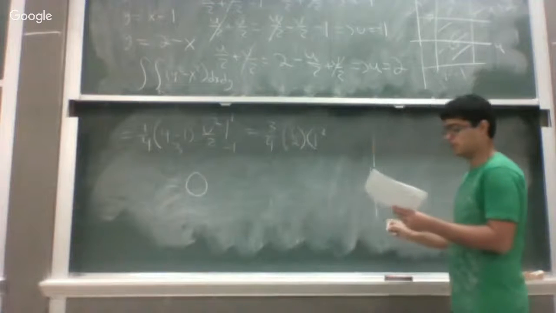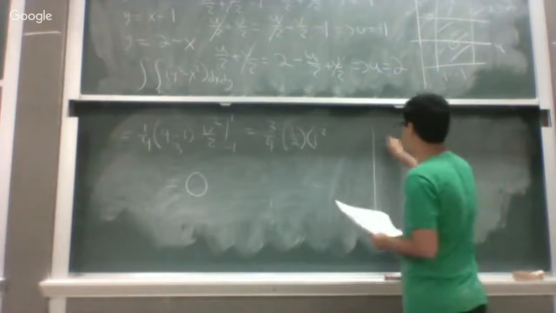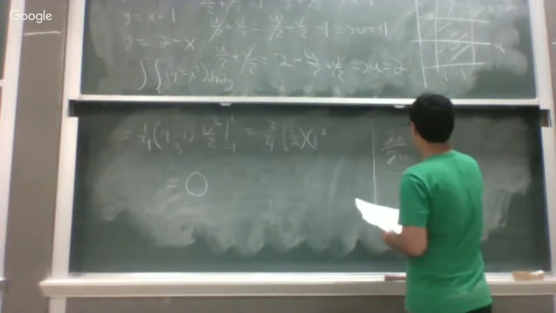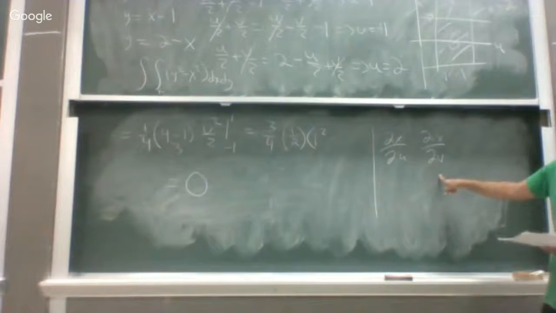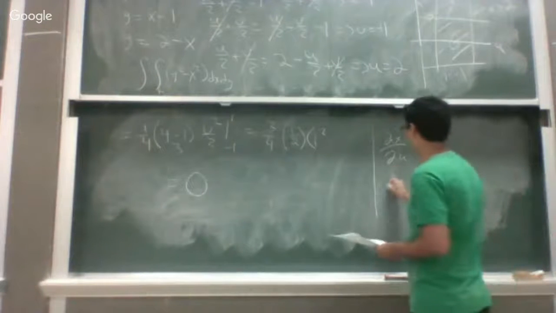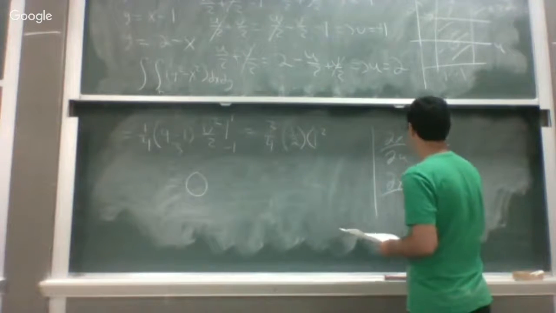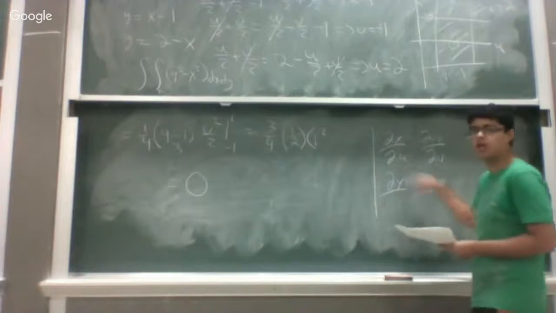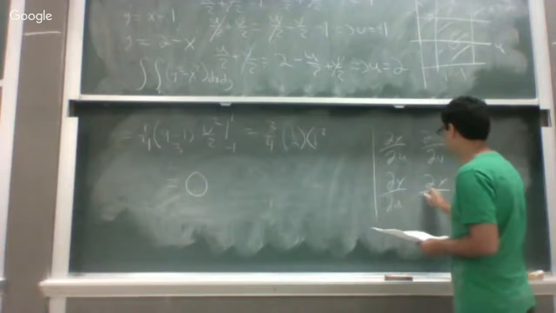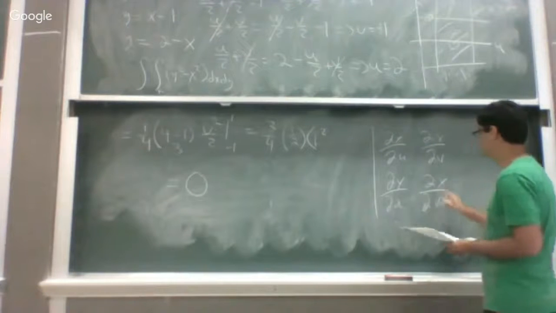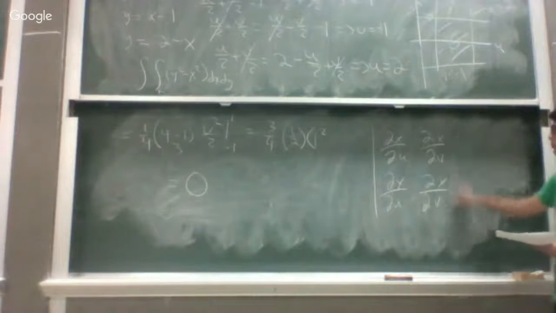So it's the matrix of the partial of x over the partial of u, partial of x over partial of v. So each row has the same variable in it. So the second row will have both y's in it, and each column has the same variable. So partial of y with respect to u, and partial of y with respect to v.